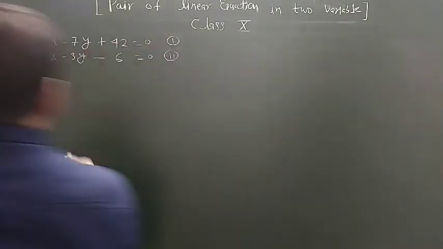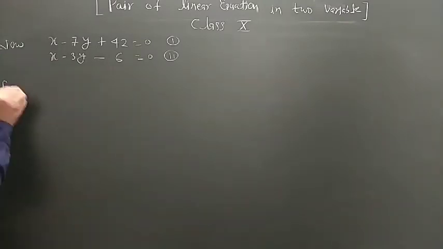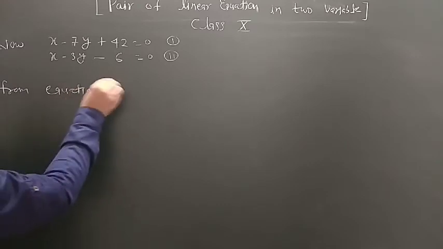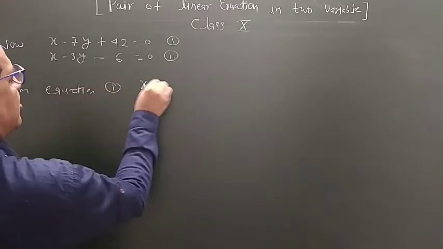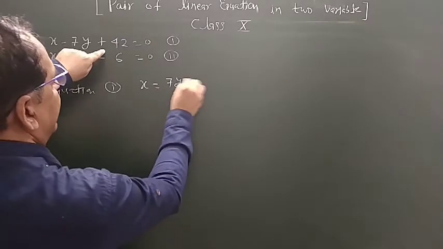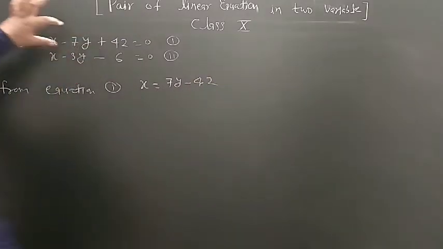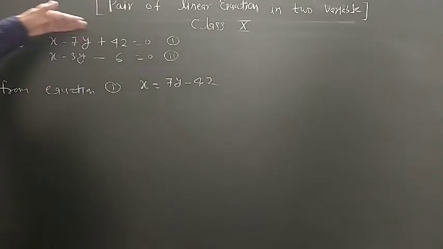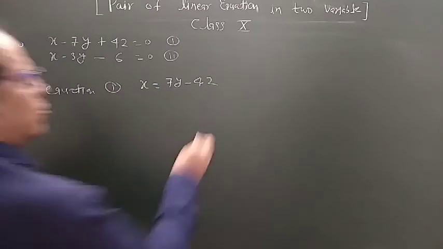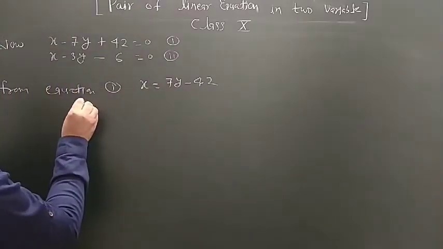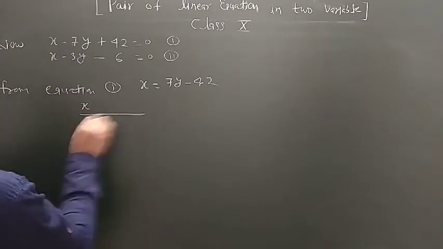So from the first equation, x equal to 7y minus 42. You have a choice, you can solve for x or you can solve for y according to the equation. So now make a table in x and y.